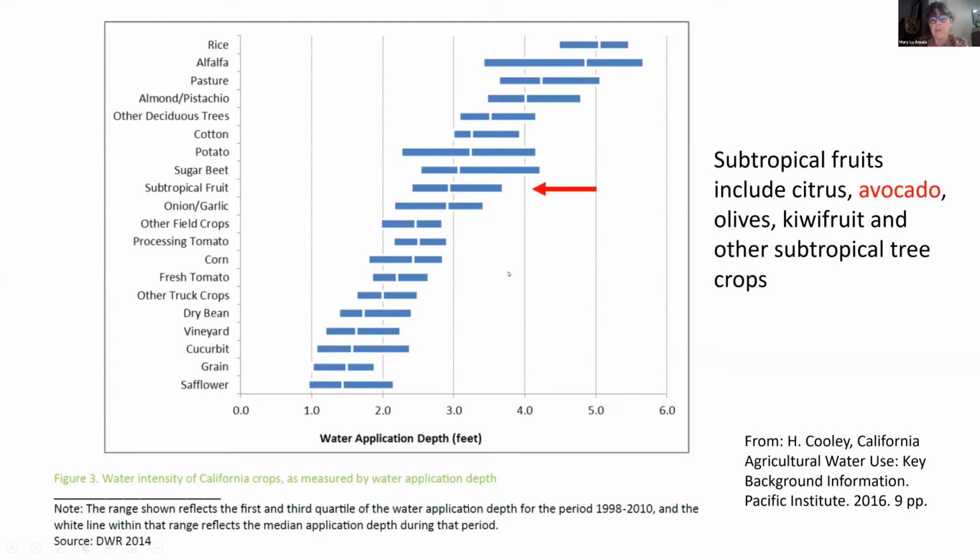It's not the best, but it's not the worst, because I know avocados have been getting a lot of press lately as being water hogs. Well, they're really not a water hog compared to some other things. So we're right there in the middle, but we need to be more efficient on how we use and apply our water. And long term, we need to be looking for new rootstocks and varieties that perhaps are more water use efficient.